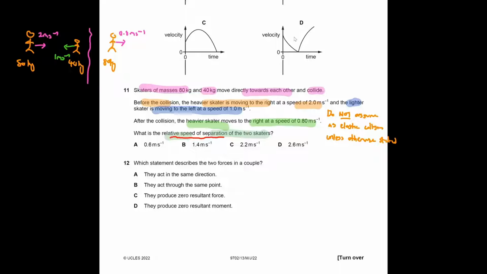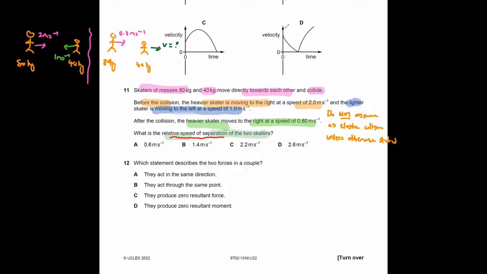What about the lighter skater? After collision with the heavier person, it would obviously be moving towards the right with a certain velocity, which we are interested to find out. It is not reasonable to assume that the lighter skater will continue to move to the left after collision with the heavier skater, so it must be moving towards the right.